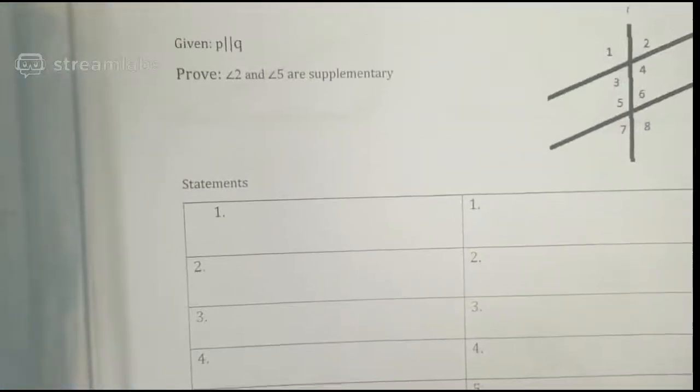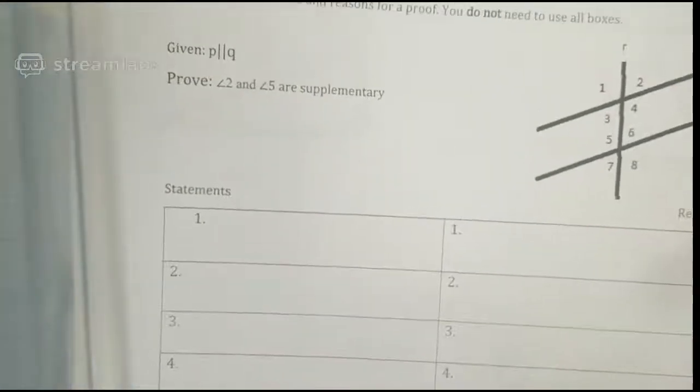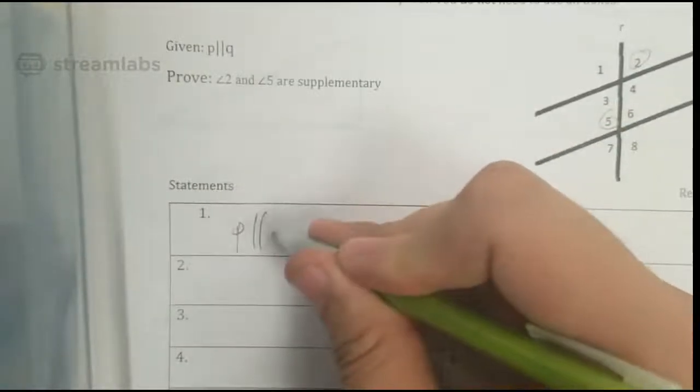All right, so let's prove that these are supplementary, 2 and 5. So how can we prove 2 and 5 are supplementary? We have to go piece by piece. Given that P and Q are parallel, so we have to point that out. P and Q are parallel, that's given. Then let's continue. I know there's multiple routes to this, so I'm going to do this.